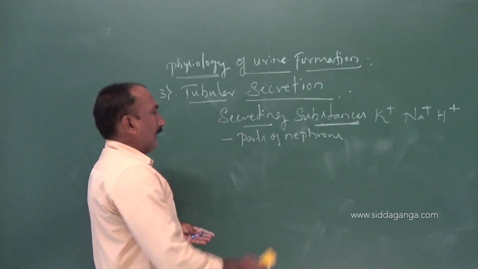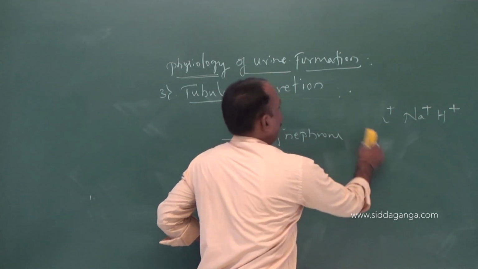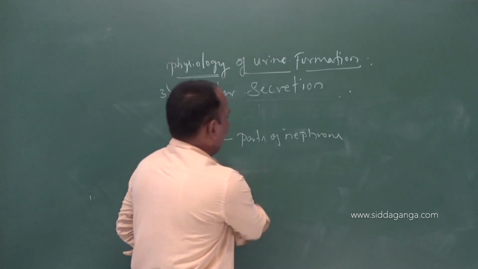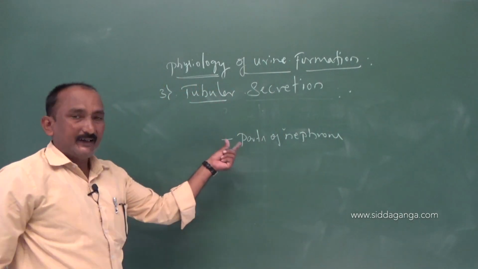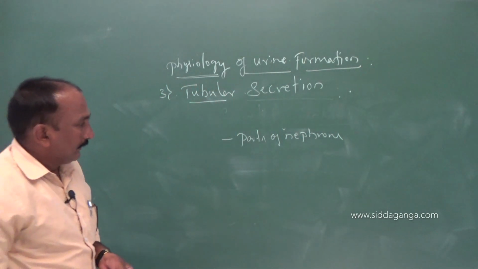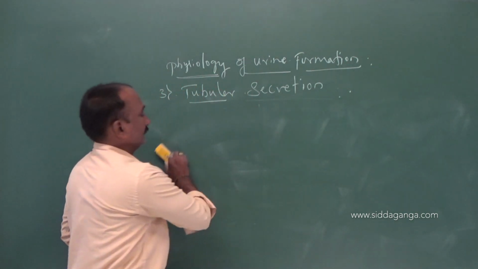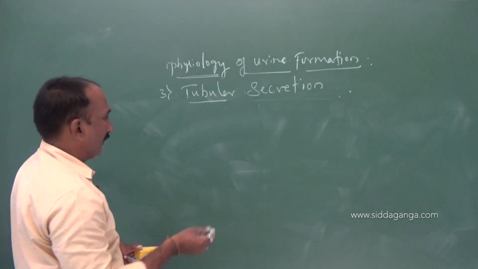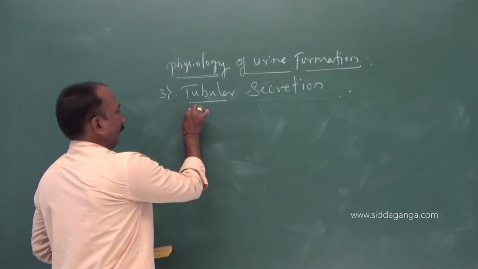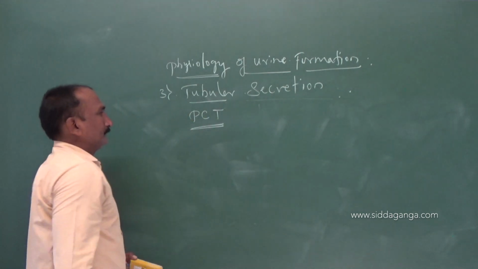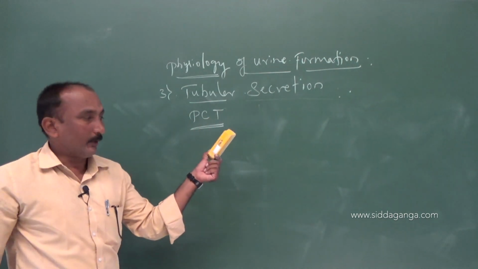What are the substances being secreted by the different parts of the nephron? Let us know with regard to this. Some parts of the nephron, such as the proximal convoluted tubule, are involved in tubular secretion.